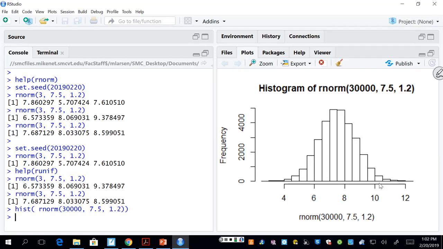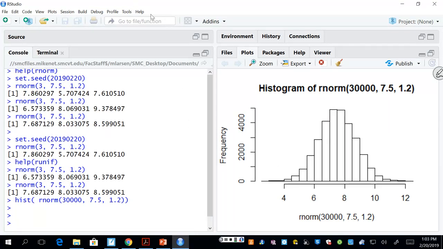As you take bigger and bigger samples, the chance that you're going to get one extreme observation more than 3 standard deviations away increases. So if I took 30 million, there's going to be some out there that are 3, maybe even 4 standard deviations away, because rare events do happen, by chance.